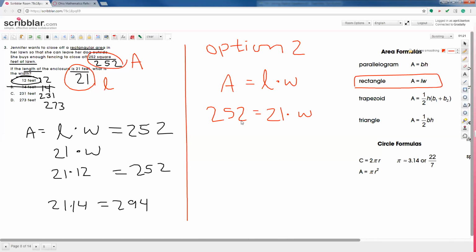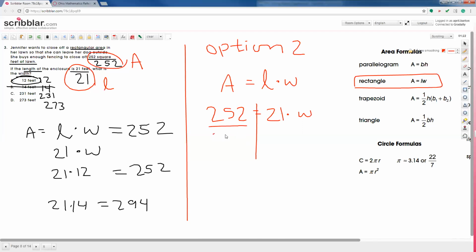We say, well, if I'm going to solve for W, I've got to do opposites. When we have an equal sign, we're going to do opposites to move numbers across each side. So since this is 21 multiplied by W, to move it to the other side away from W. Normally we've been working left to right, but in an equation you always want to get stuff away from the letter.